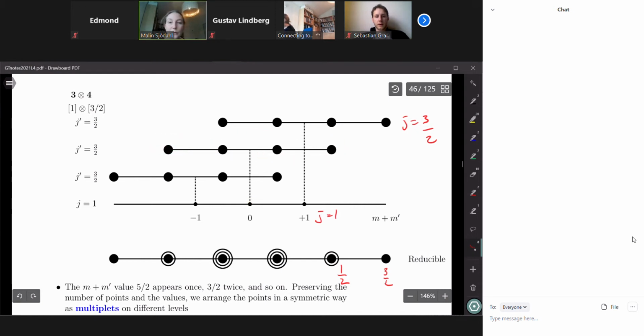So we can also obtain the value 1/2 by adding 0 and 1/2. So there are 2 ways of obtaining the value 1/2. So we mark this in this diagram with a dot for the first one and then a circle for the other.